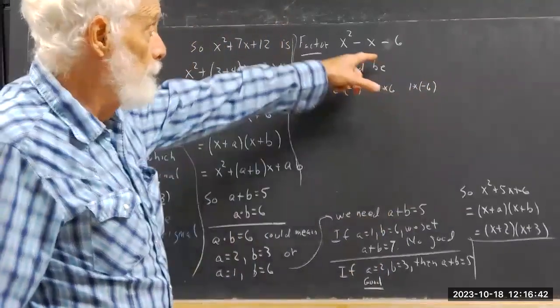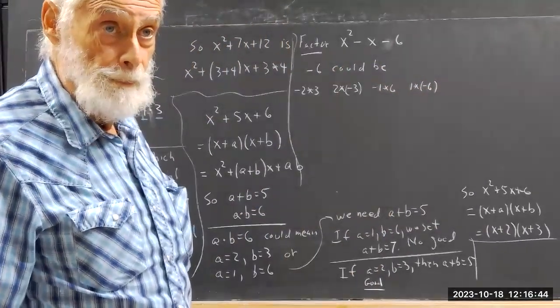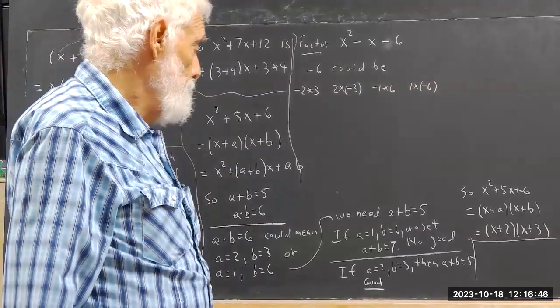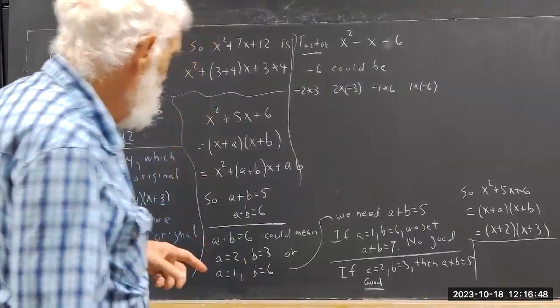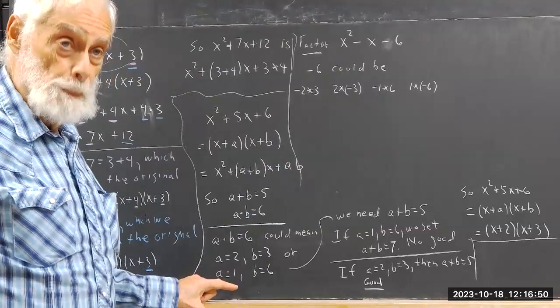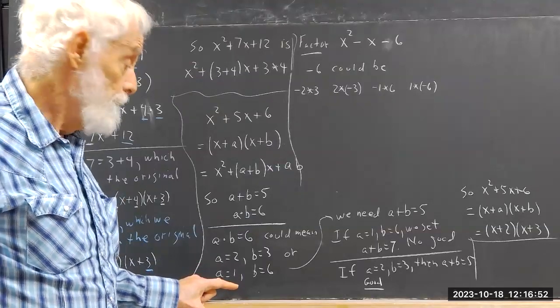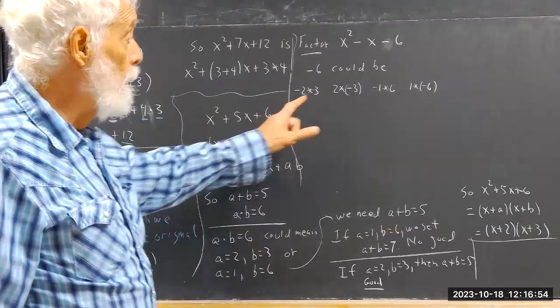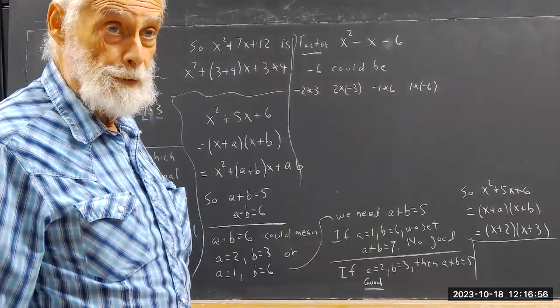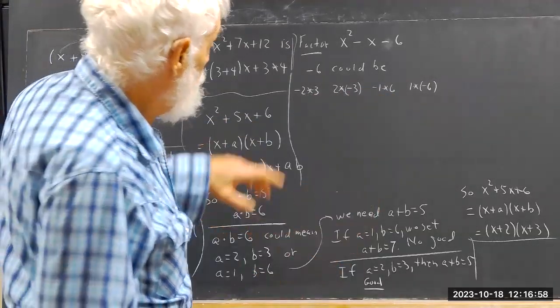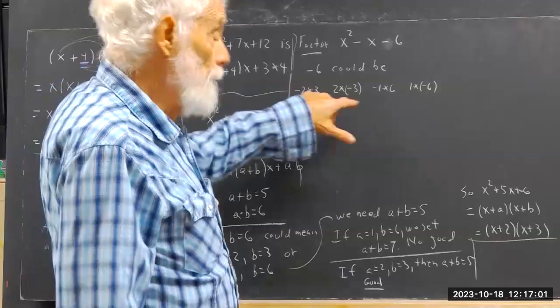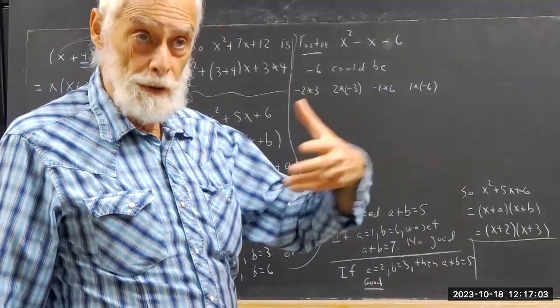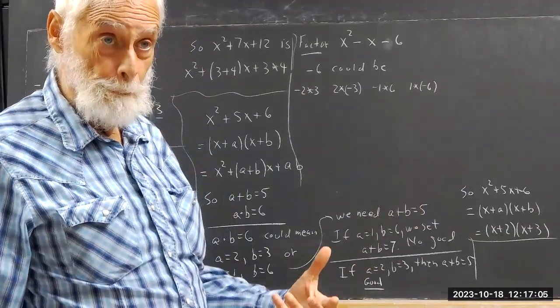Those are all different ways we could get minus 6. Now, there are only 2 ways we could get plus 6. But there are 4 ways we could get minus 6 because of the minus sign. One of the 2 numbers has to be negative. That kind of doubles our possibilities, okay?